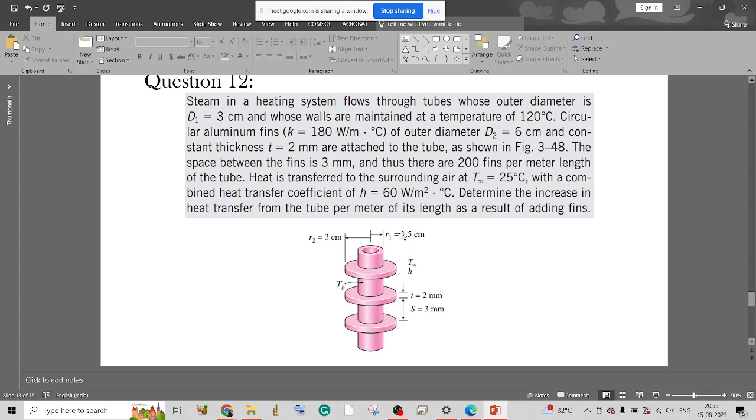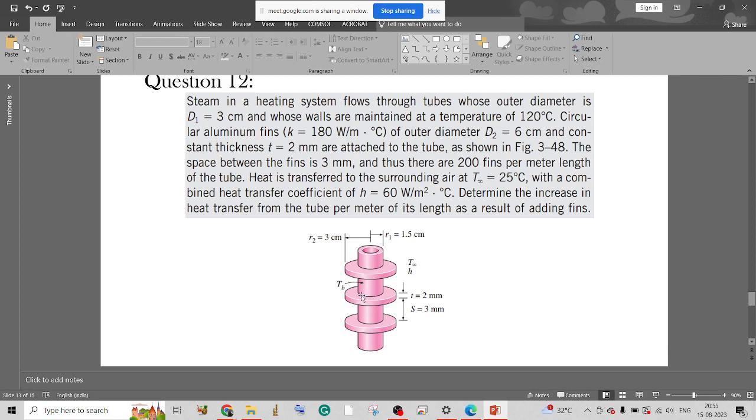That into the fin efficiency, into the temperature difference. What is the temperature? Here the walls are maintained, and K is too high, so we can consider that the temperature over the whole fin is at base temperature.